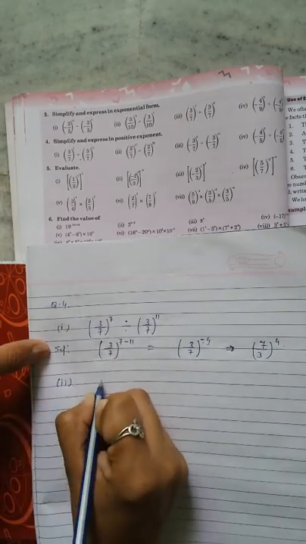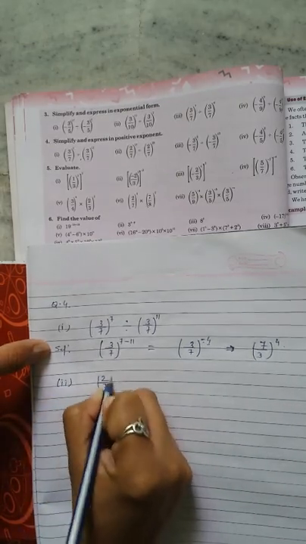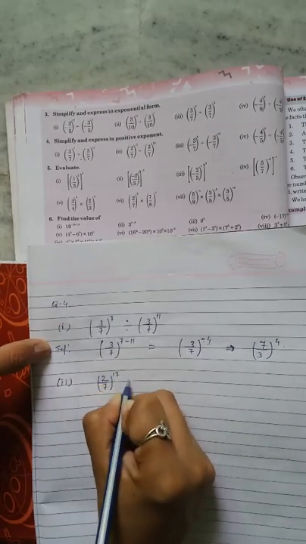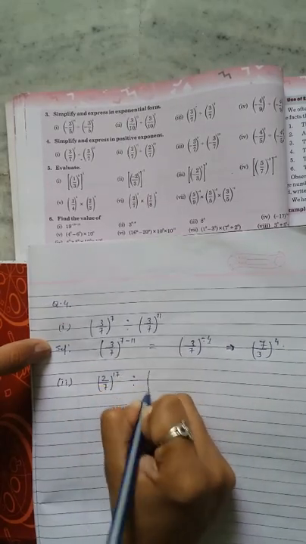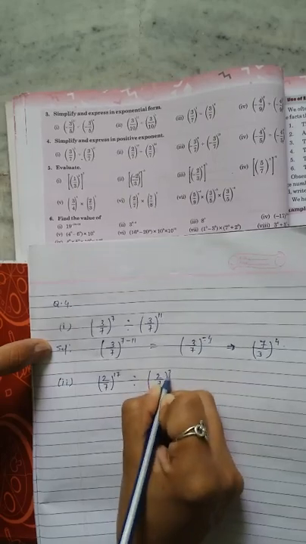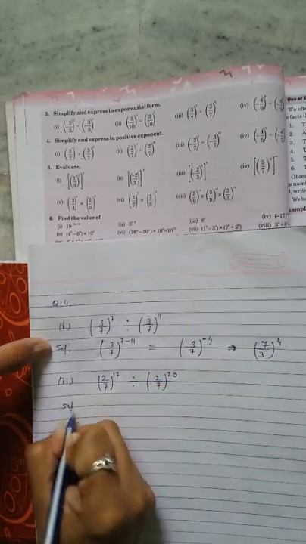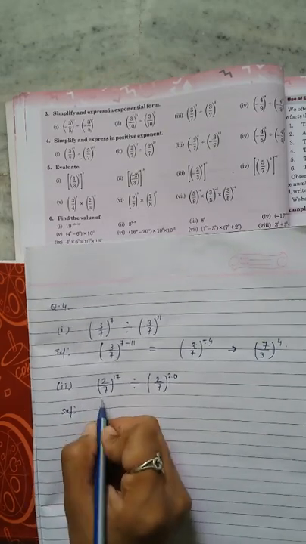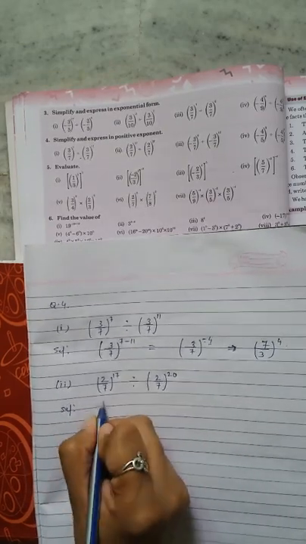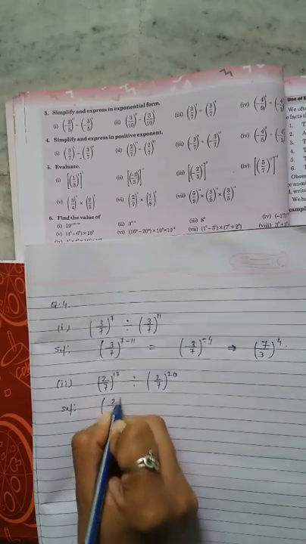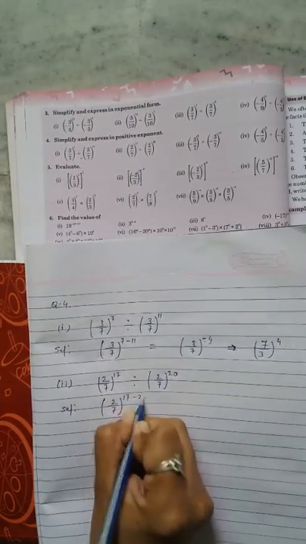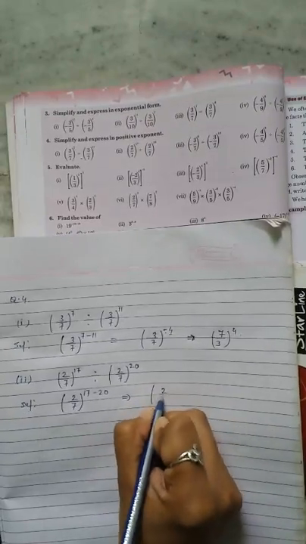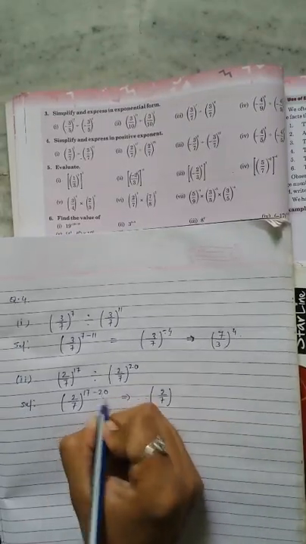Question number 2. (2/7)^17 is divided by (2/7)^20. Solve it. How will it be solved? The base will be the same, so we will write 2/7 one time and 17 minus 20.